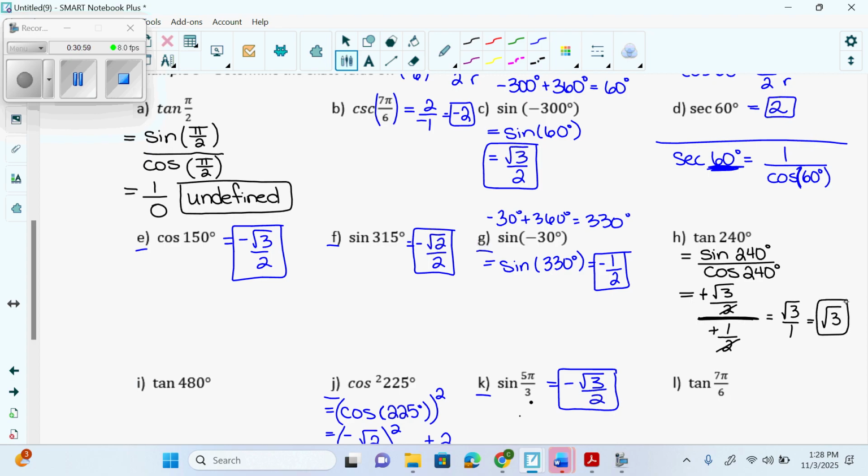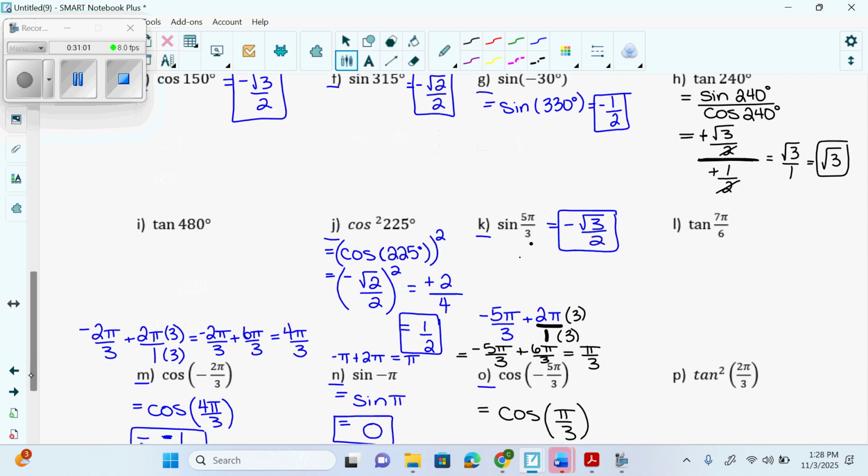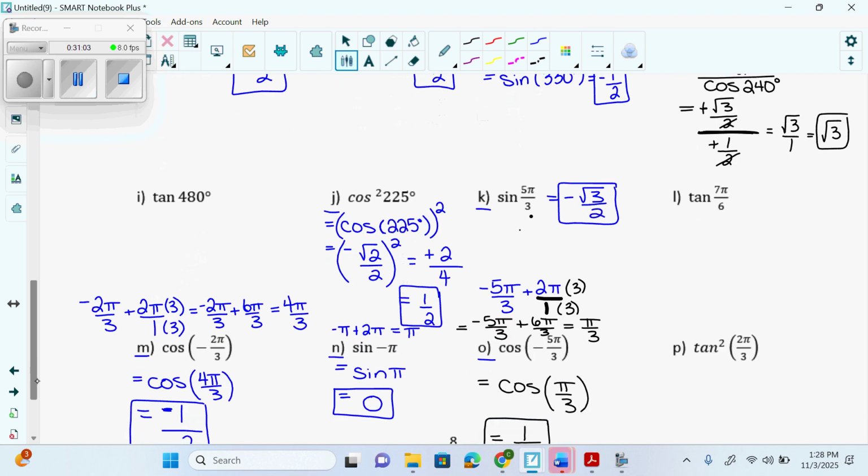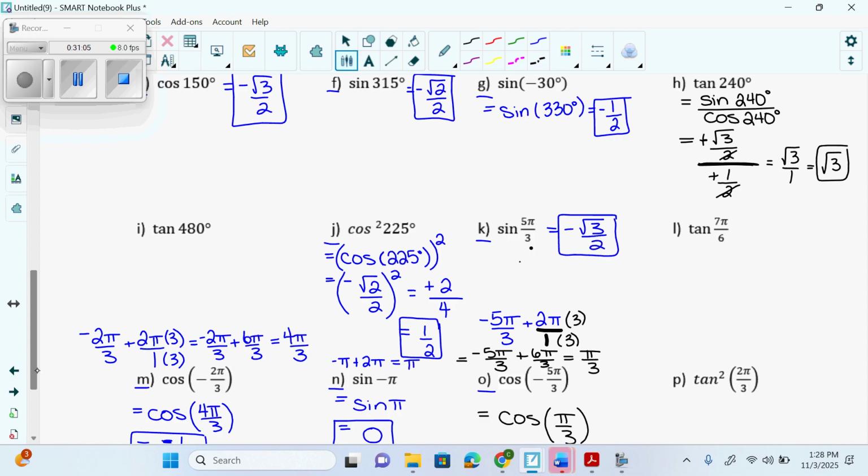You guys are going to try I, L, and P. Go. Degrees. I'm going to do 480 degrees minus 360 degrees. Gets me 120 degrees. So I'm going to get tan of 120 degrees. As much as I like that, I like cosines and sines.